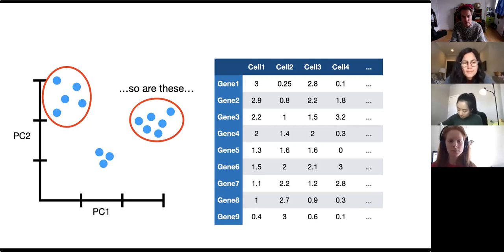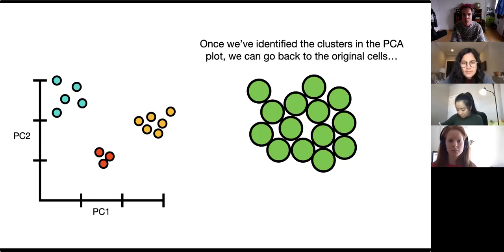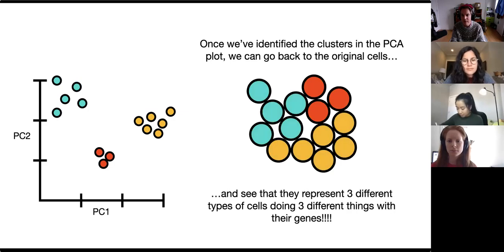And so are these. And so are these. To make the clusters easier to see, we could color code them. And once we've identified the clusters in the PCA plot, we can go back to the original cells and see that they represent 3 different types of cells doing 3 different things with their genes.